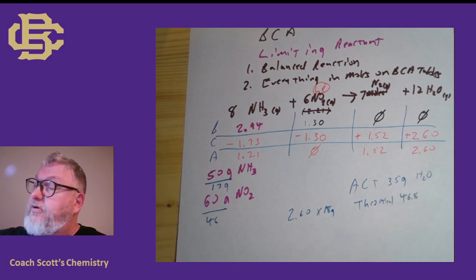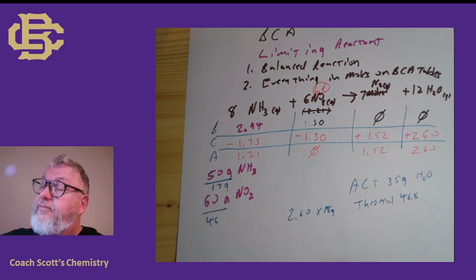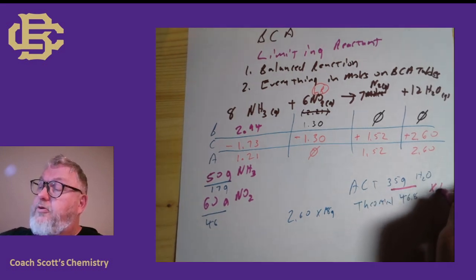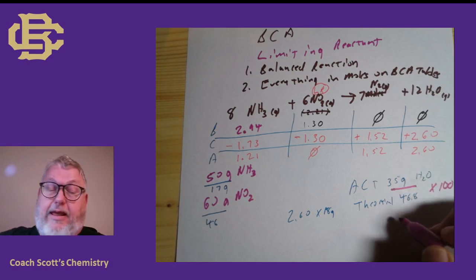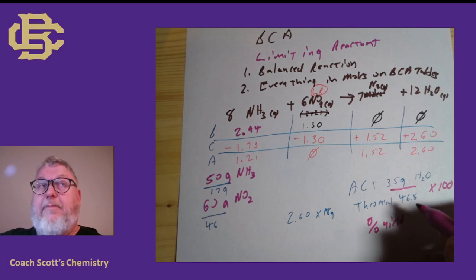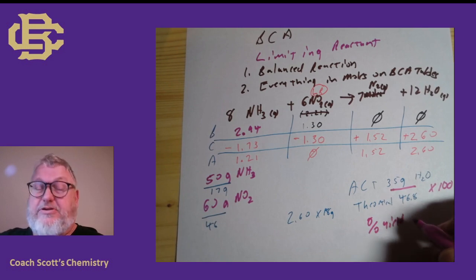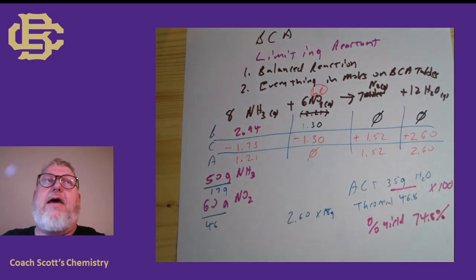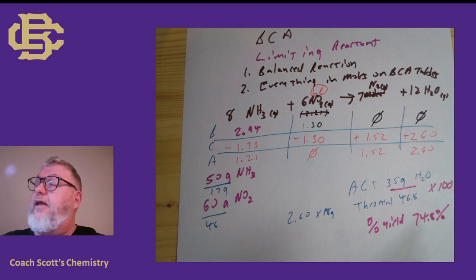Now all I have to do is divide actual by theoretical and multiply by 100, and that'll give me a percent yield, or how much I made compared to how much I was supposed to make, of 74.8%. Again, we did all that through the BCA table, and it's so much simpler, and I think you'll do very well on your test.